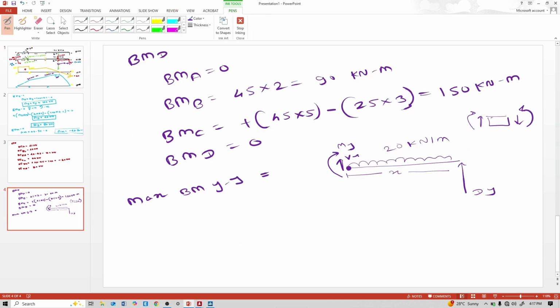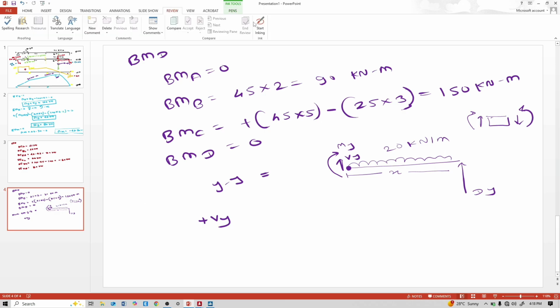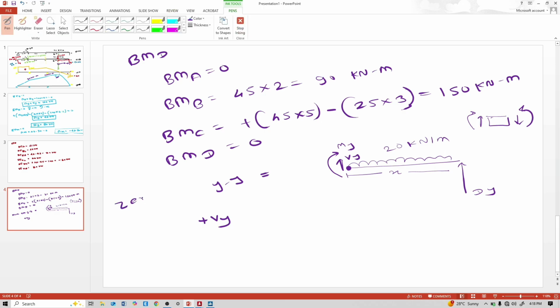So let's assume this as Vy. Upward, that means positive Vy. 0 shear. So positive Vy minus 20x plus 80 equal to 0. So Vy is equal to 20x minus 80.